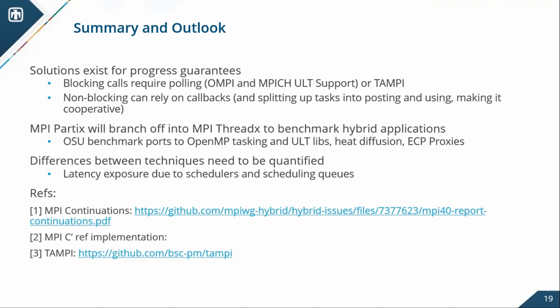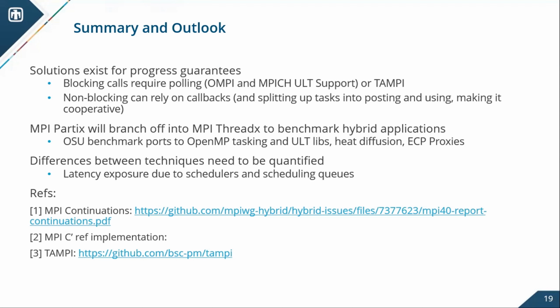We have the MPI Partex benchmark. We will branch it off and call this MPI ThreadX, or ThreadX. It will include applications that specifically benchmark threading and tasking with MPI. We would like to port the OSU benchmark to use continuations, to use the techniques that I showed. We have a couple of more applications ported already.